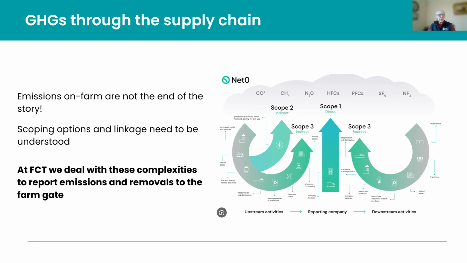It is complicated, but at Farm Carbon Toolkit we deal with these complexities, and we provide a calculator that allows farmers to report their emissions and removals to the farm gate. We allow for estimation of scope 1, scope 2, and scope 3 emissions.